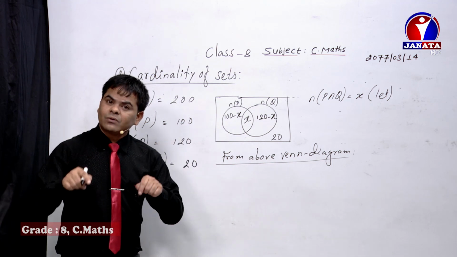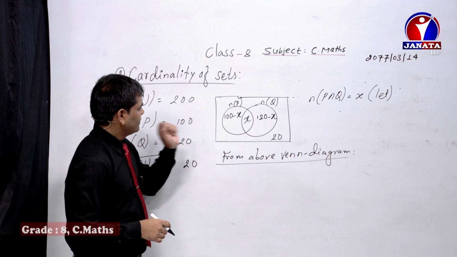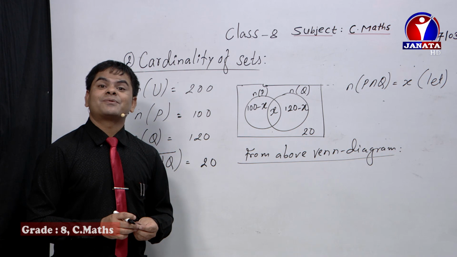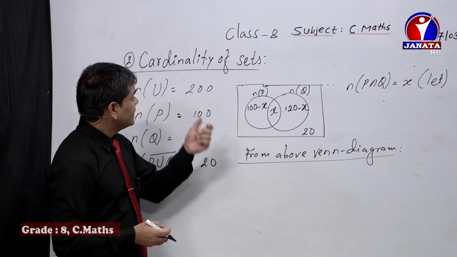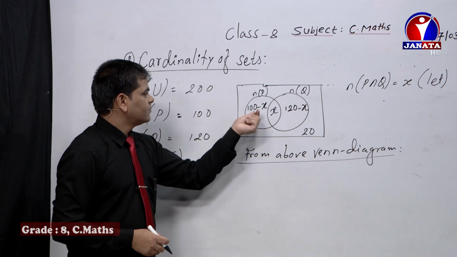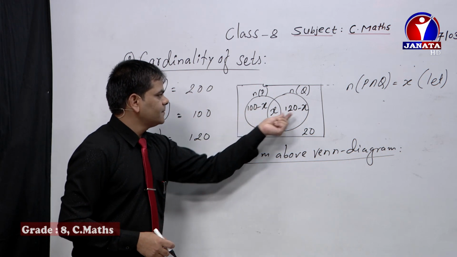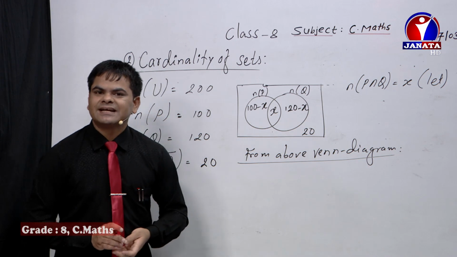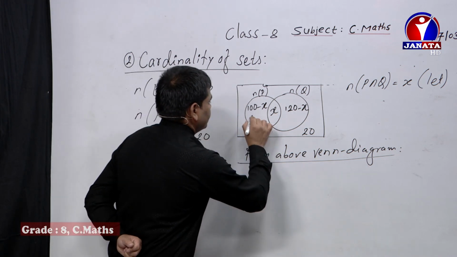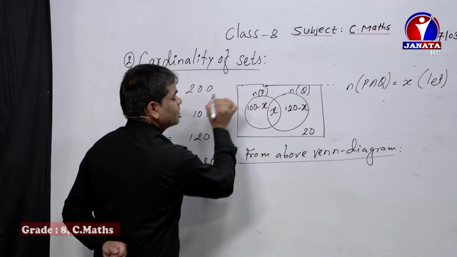It must be equal to 200, because the universal set has the equal number compared to A union B as well as A union B complement. So add all this together, it must be equal to 200.